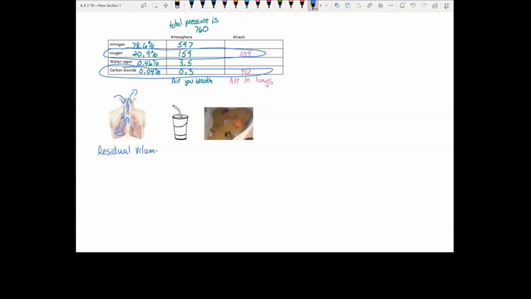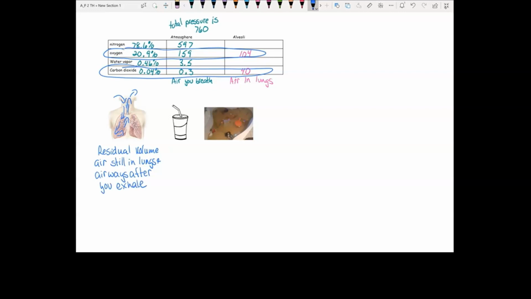So this is the air that is still in your lungs and your airways after you exhale. Okay, think about drinking from a straw.